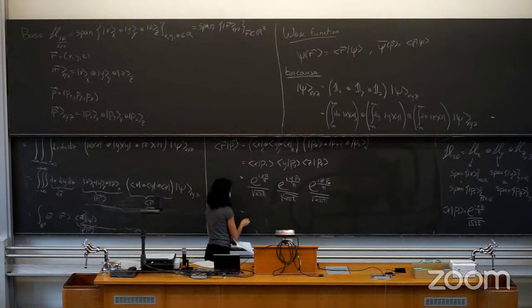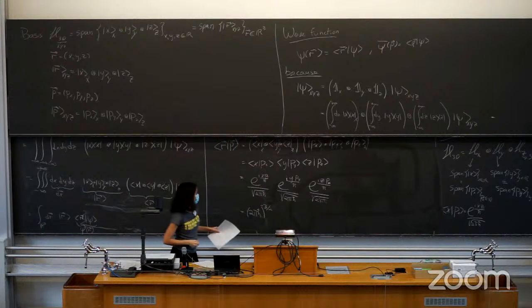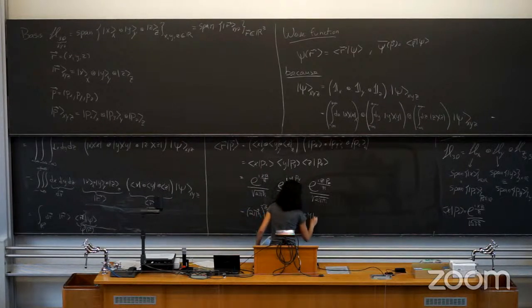So we just put all the normalization constants to one side. So there's 3 of them, minus because it's in the denominator, and 1/2 because it's on the square root. And then we have e to the i over h bar, and then we have x px plus y py plus z pz.